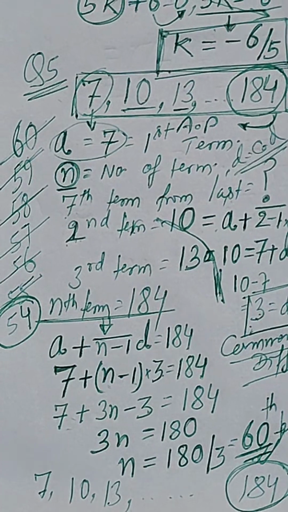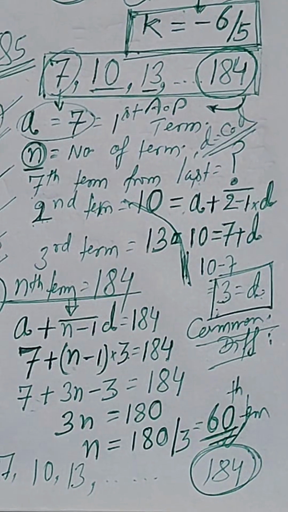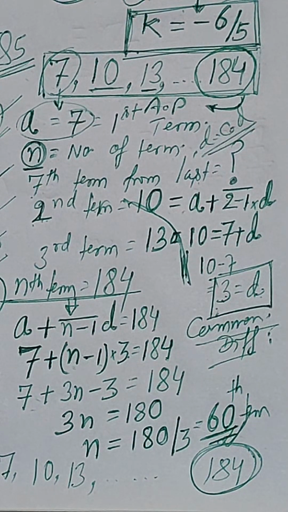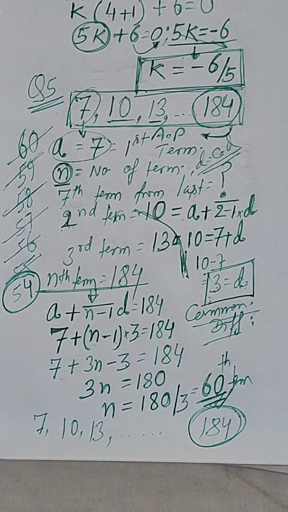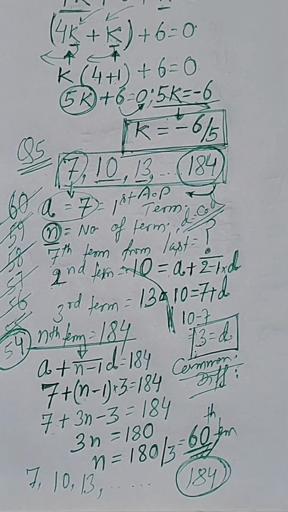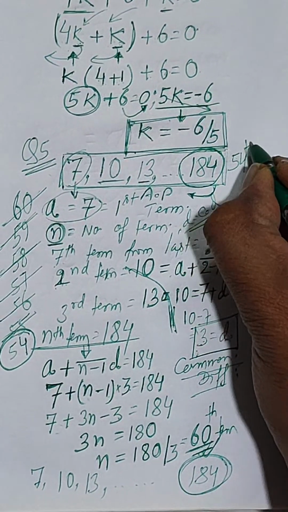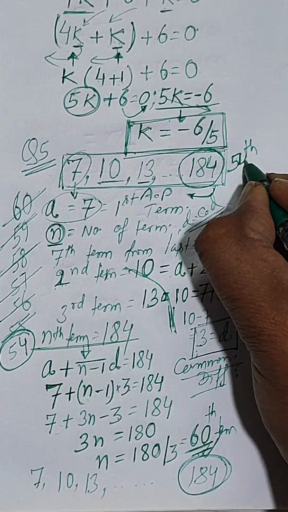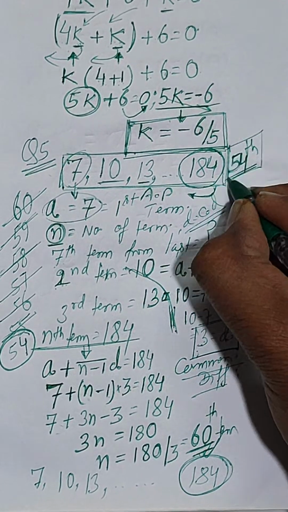So the 54th term is, if you want, I can squeeze the space a little so that there is room. Yes, is it fine? So we are going to calculate the 54th term. This will be our answer.